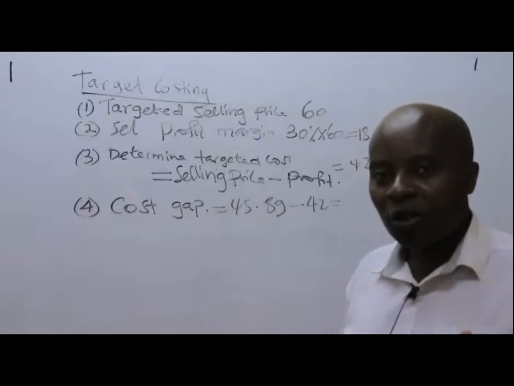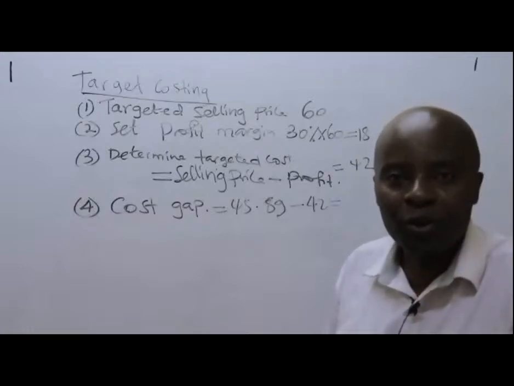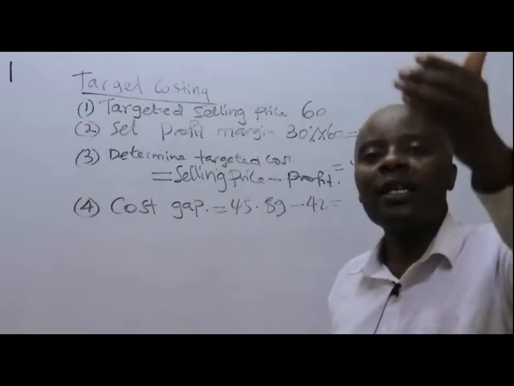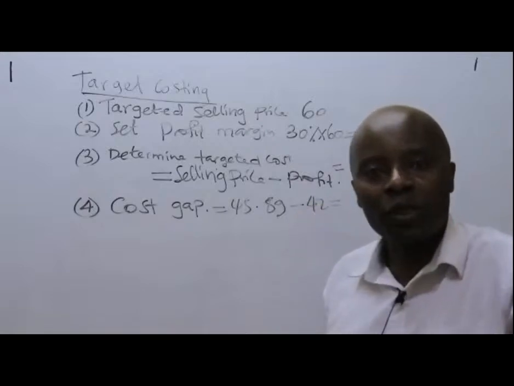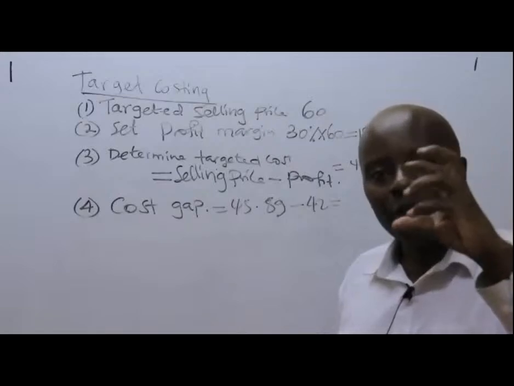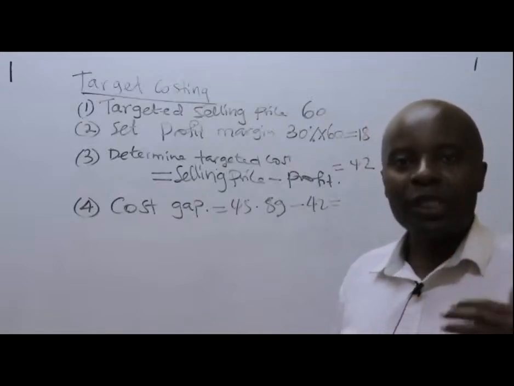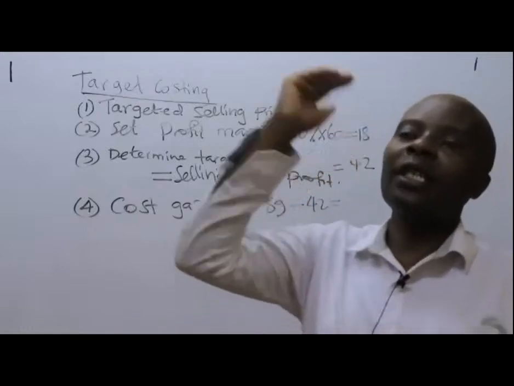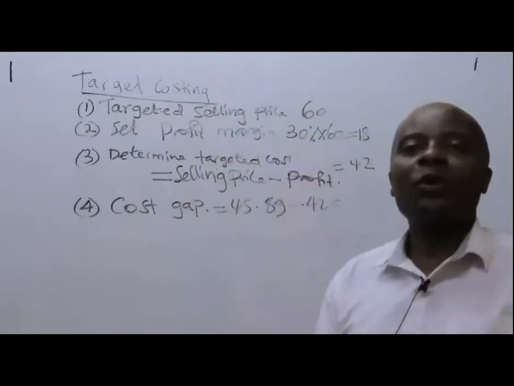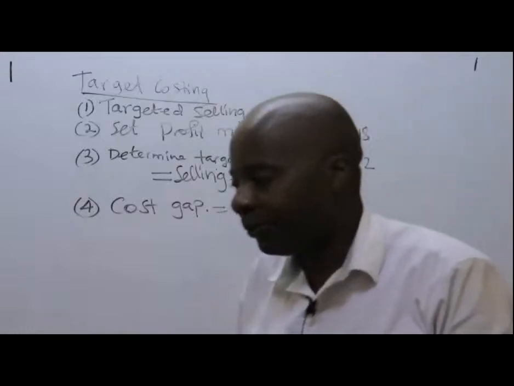Whenever you have a cost gap, it means automatically that your cost of producing the product is higher than the targeted cost. And as such, there are two ways about this. It is either you reduce that gap or you don't produce at all, because target costing gives us the ceiling in terms of costs that we can never go beyond.